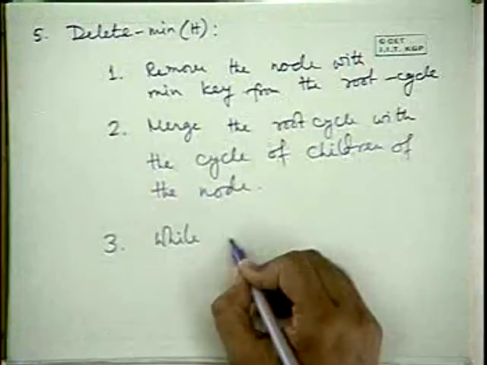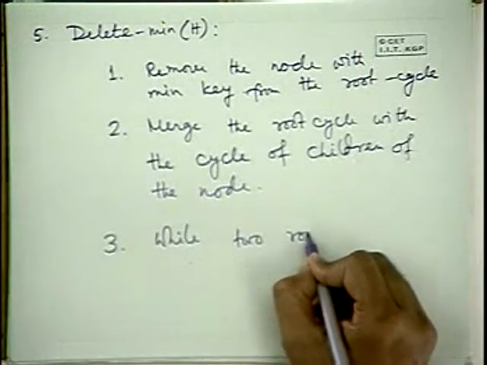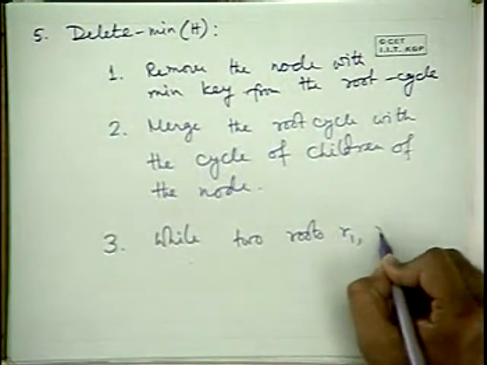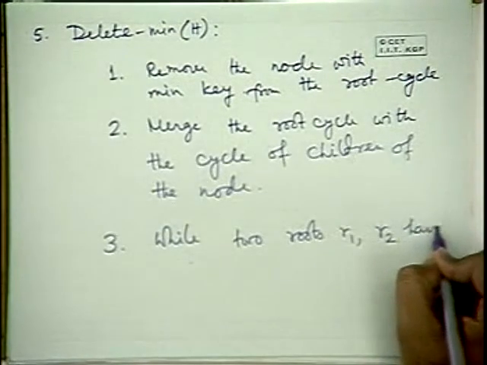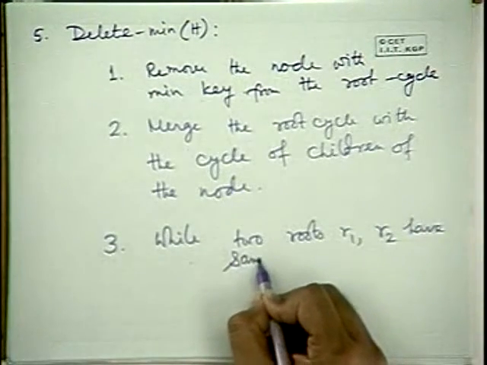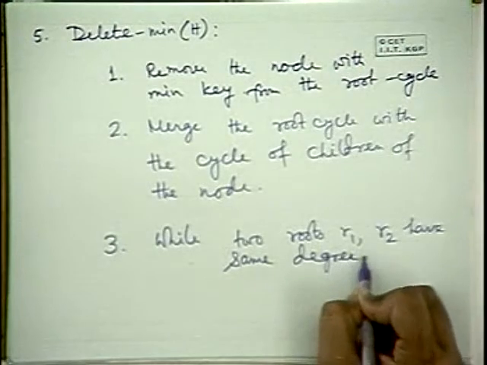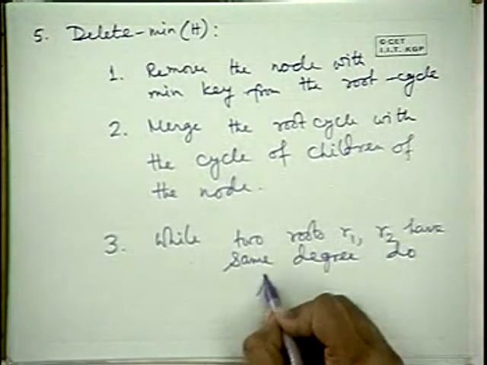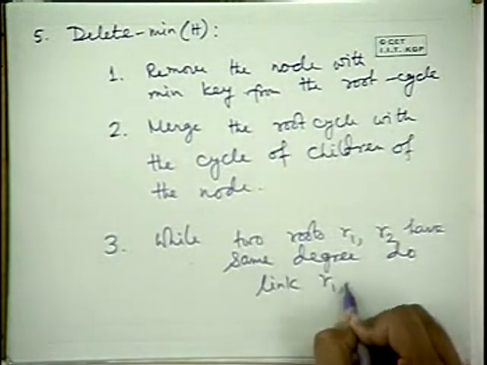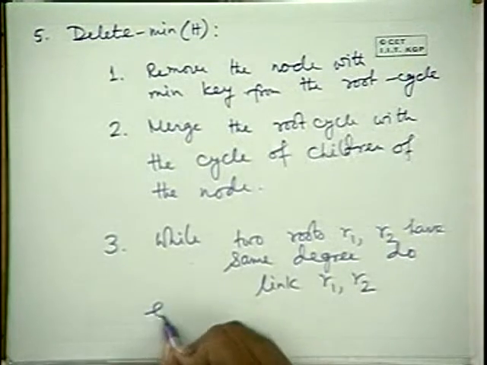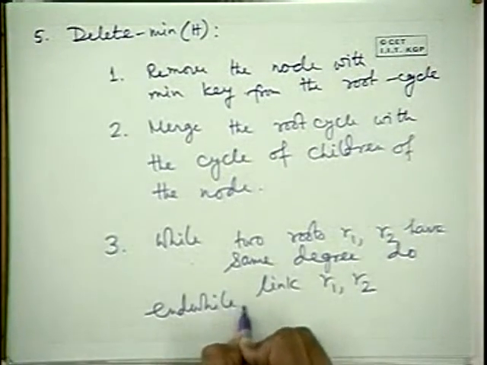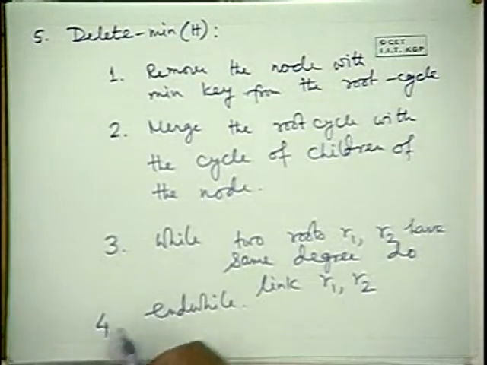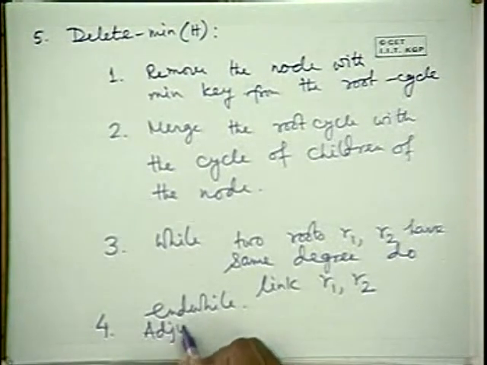We go on doing it until there are no two nodes with the same degree. So here I am going to write: while two roots R1, R2 have same degree, do link R1, R2, end while. And the fourth one is adjust the minimum key.